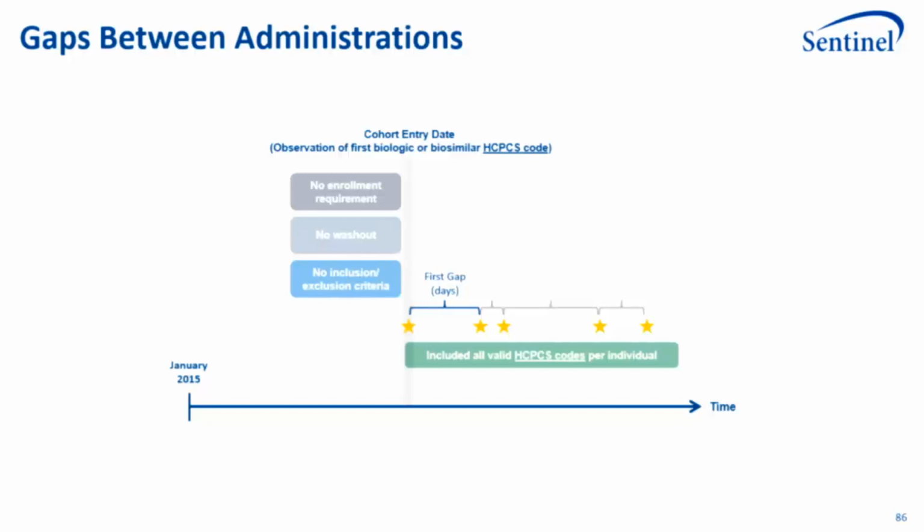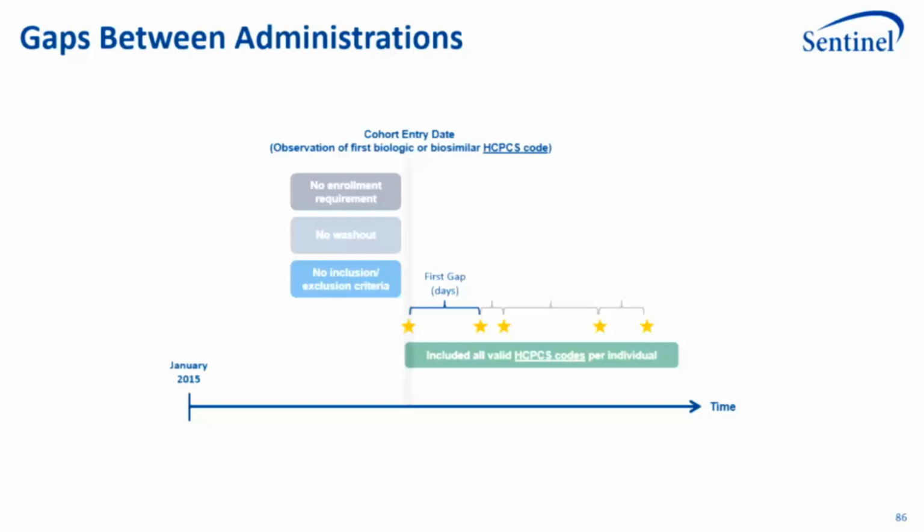When we run one of those analyses, there's a ton of data that comes back from it. I'm just going to show you information on the gaps between the first administration and the second. Not only will you get information back on all of the gaps, but you'll get information on days supplied and a bunch of other useful metrics, but in this context we're just focusing on the gaps.